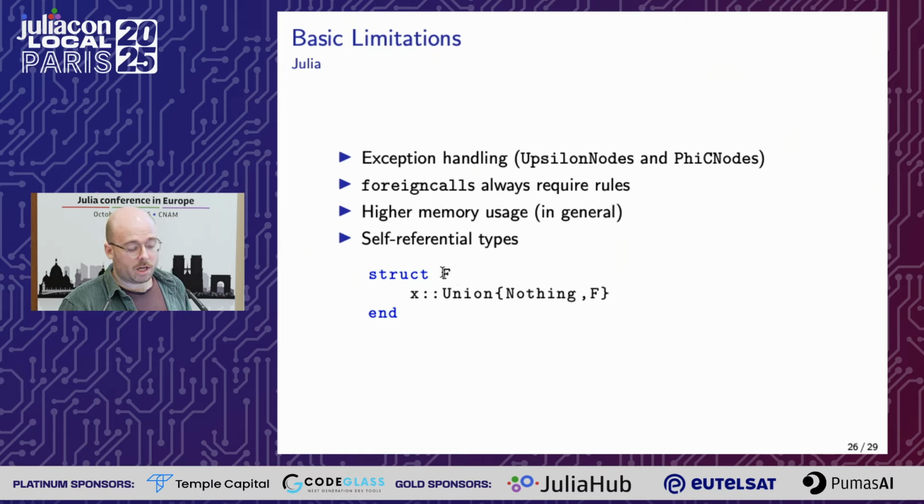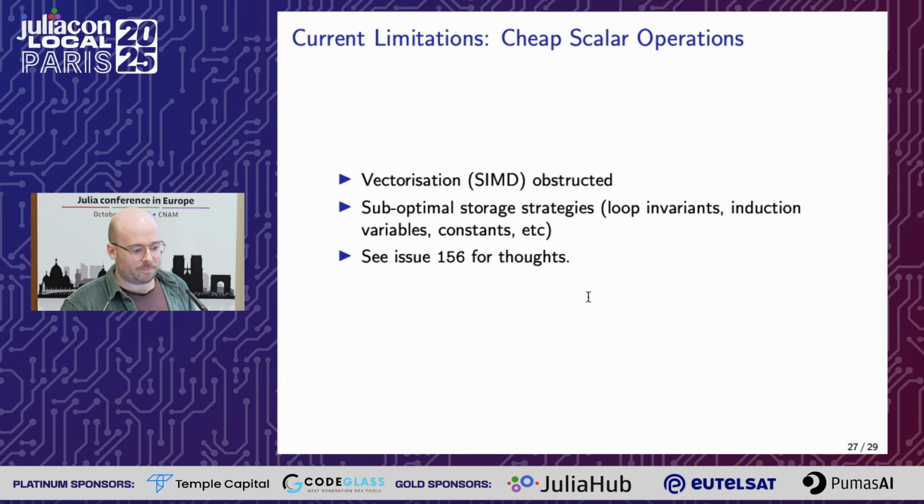So if you have a type F and it refers to itself in the type definition, I can't implement a method of tangent type that just works for this, because we can't deal with this recursion. I think that is essentially to do with the fact that you can't define types on the fly in Julia. Again, if you have ideas on that, I'd love to hear them.